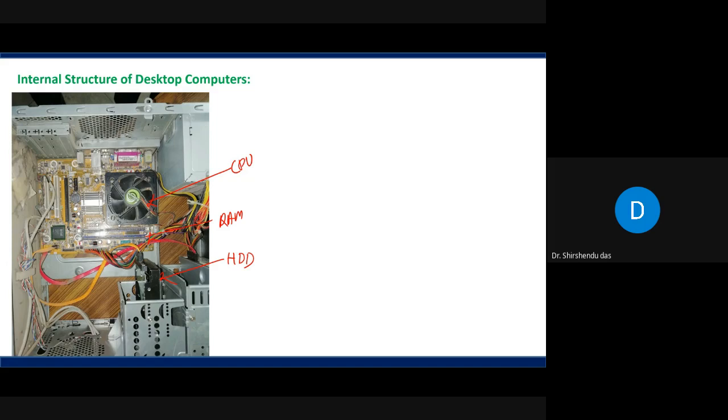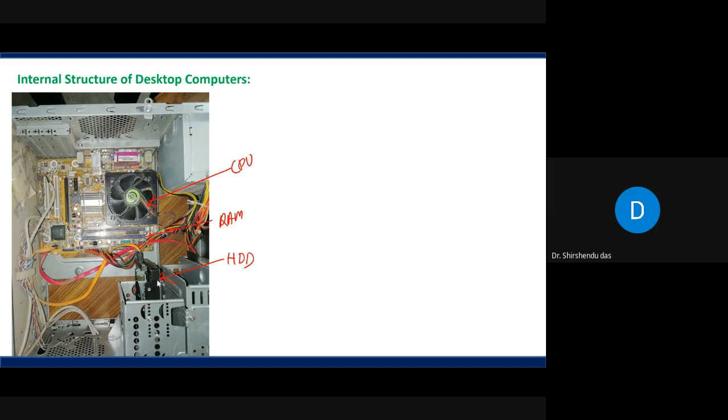Okay, now how can you relate this diagram with the von Neumann architecture? I think it is very easy, right? When your desktop is not running, all the data is in the hard disk. When you start the desktop, it is true for a laptop also, but I'm explaining here with a desktop.